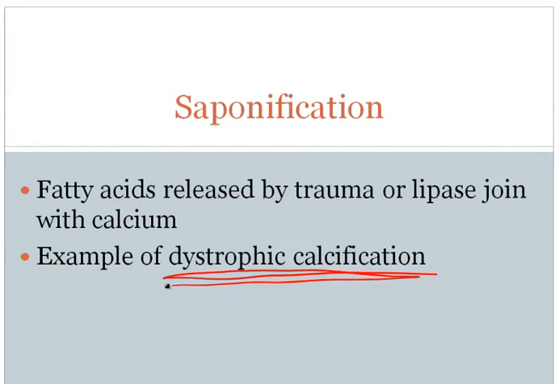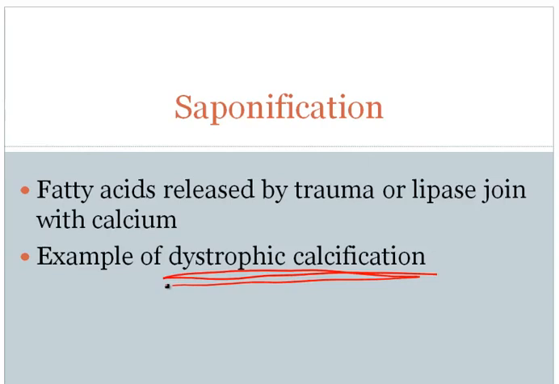When it does, there are really two underlying mechanisms. The first is dystrophic calcification, where there is dead or dying tissue, and that tissue becomes a nidus for the calcium to deposit. The serum calcium is normal, the serum phosphate is normal. However, calcium can deposit on the tissue because the tissue is dying.